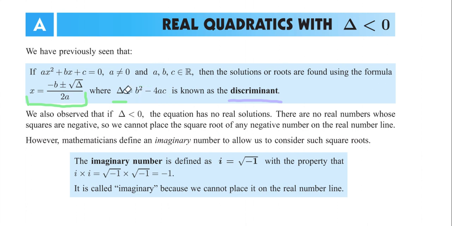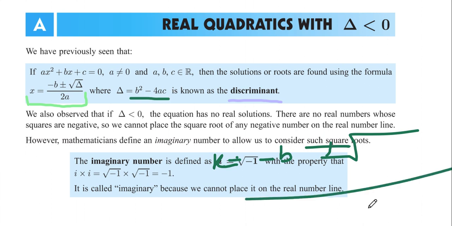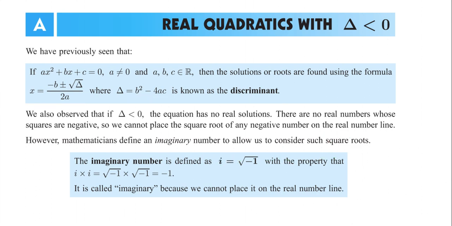So instead of this, the actual formula, if I write it over here, is x equals minus b plus minus under root b square minus 4ac, all over 2a, right?